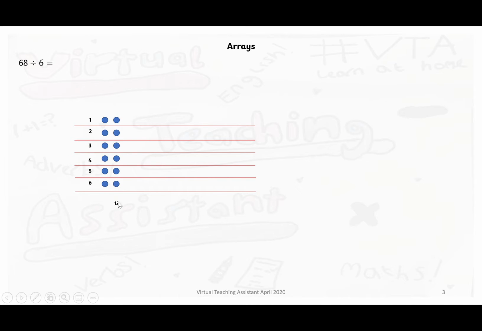And I usually write a little number at the bottom here when I've been drawing it in my books or doing it on paper, just to keep track so I don't lose count, especially if you're working with the bigger numbers.